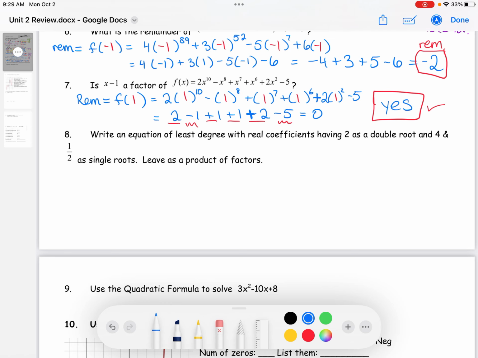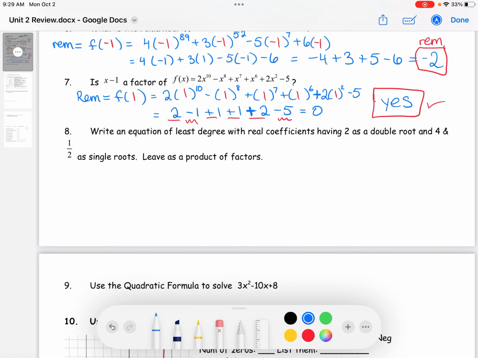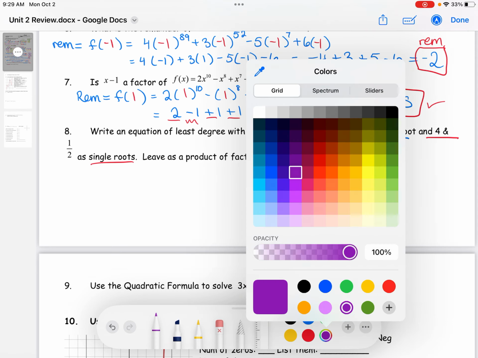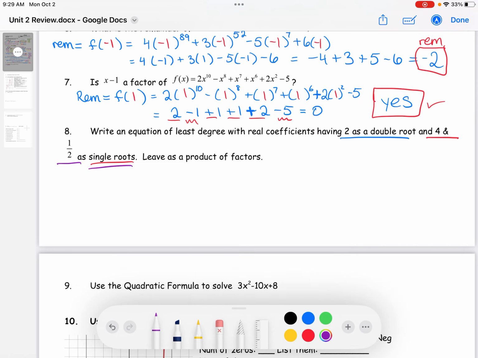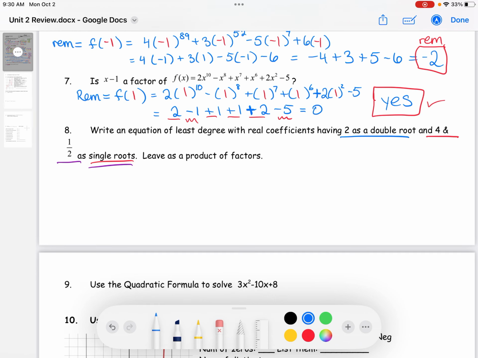Now, let's talk about number 8. We're going to write an equation with the lowest degree it needs with coefficients that has 2 as a double root, 4 as a single root, and 1/2 as a single root. We are going to leave this in factored form.